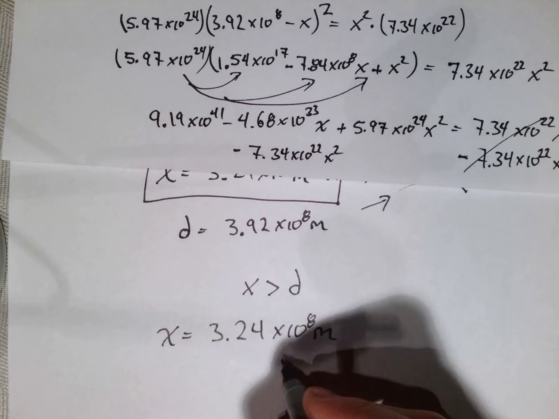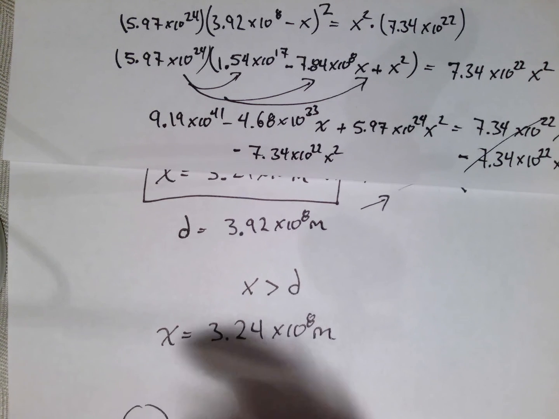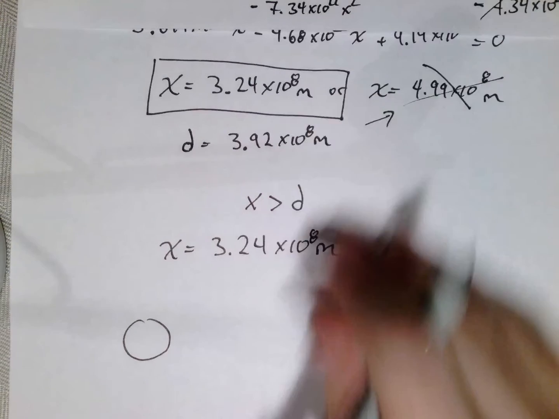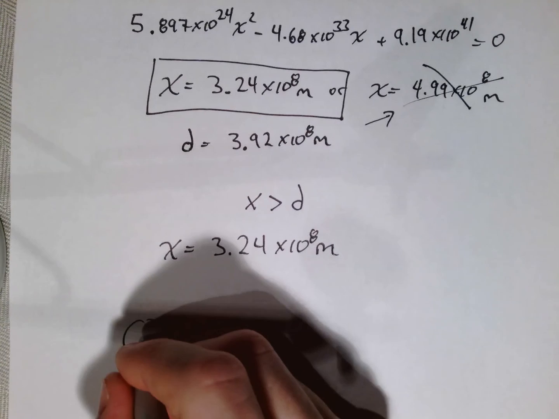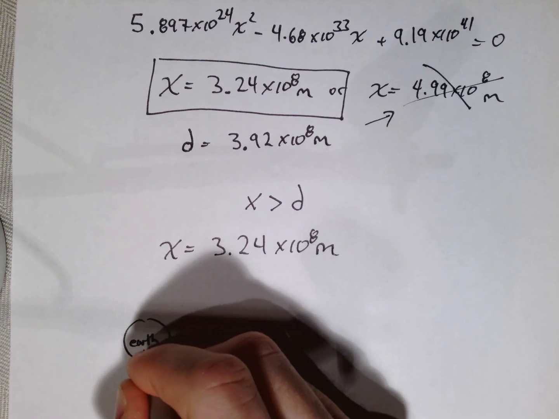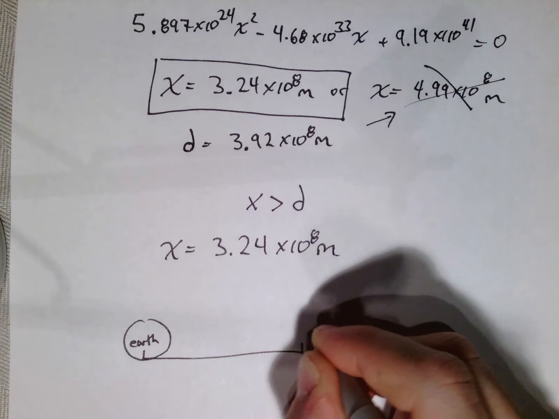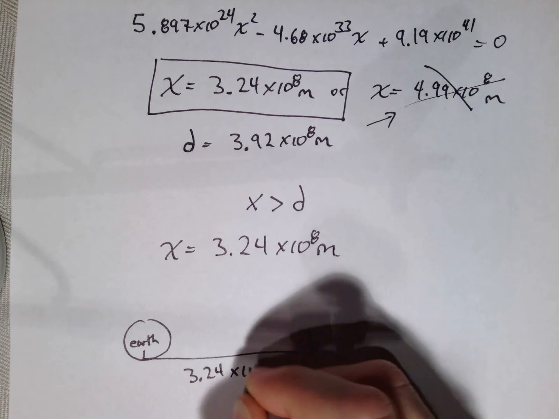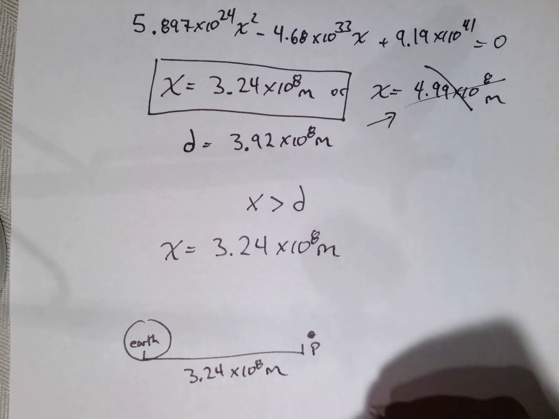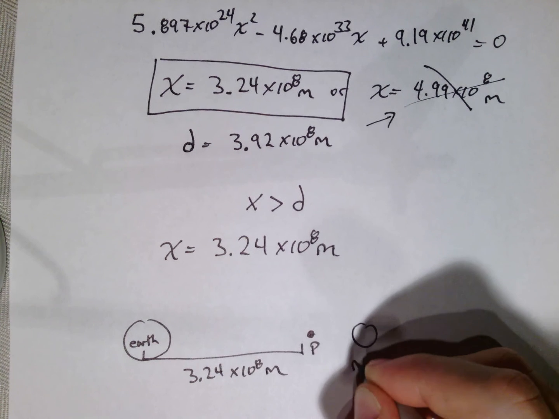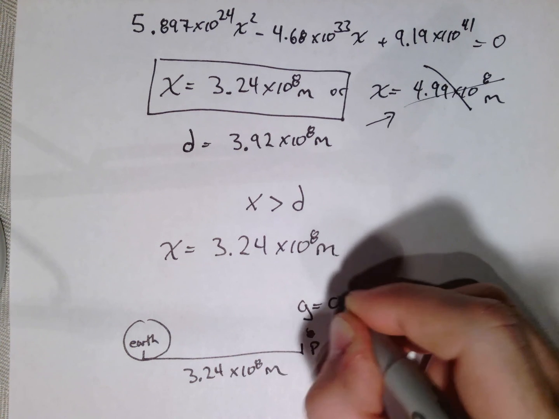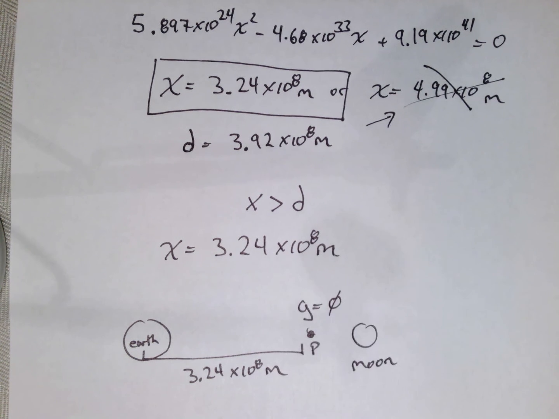So here, if we're going to go back to our diagram, this is the Earth. From the center of the Earth to our point P, we know that there's 3.24 times 10 to the 8 meters, and then the Moon is somewhere over here. And at this point P, the gravitational field is going to be 0 because they're going to cancel out on both sides. And that's how you would do this question.